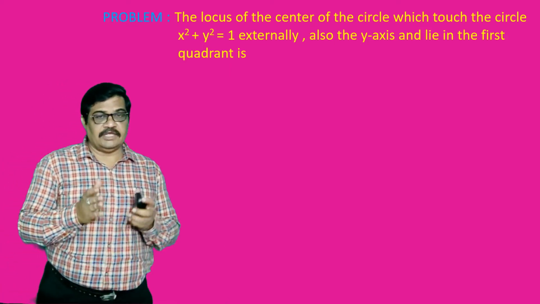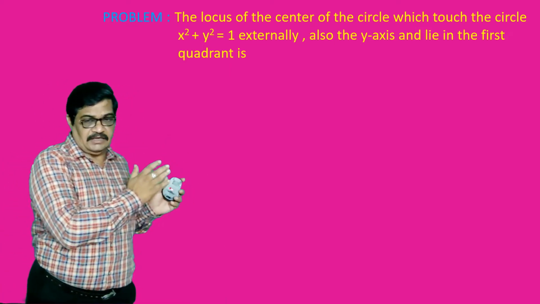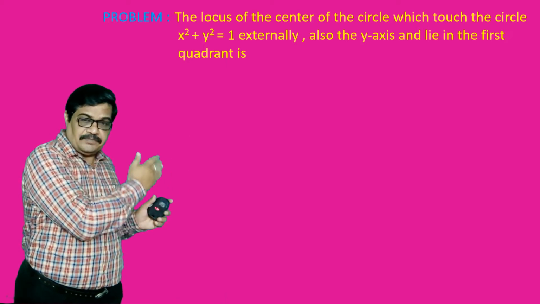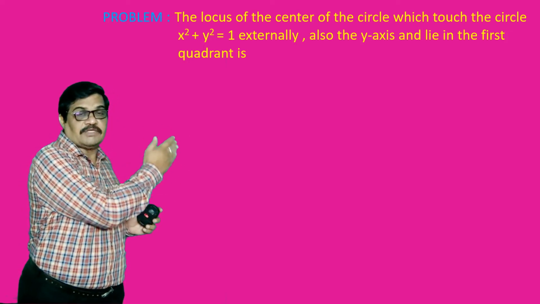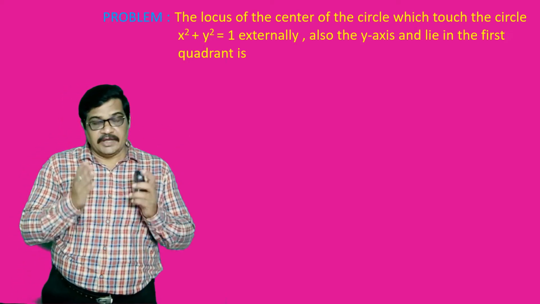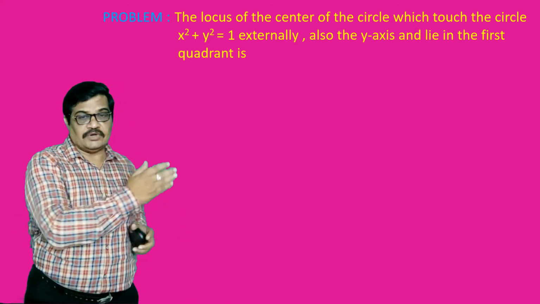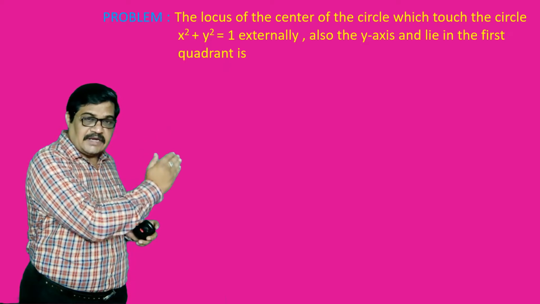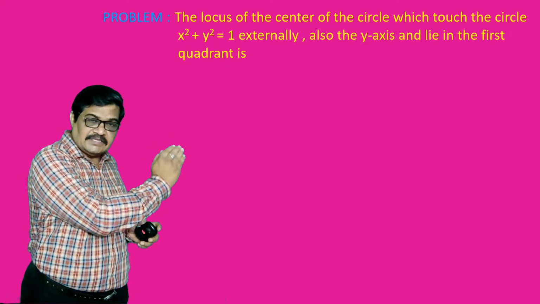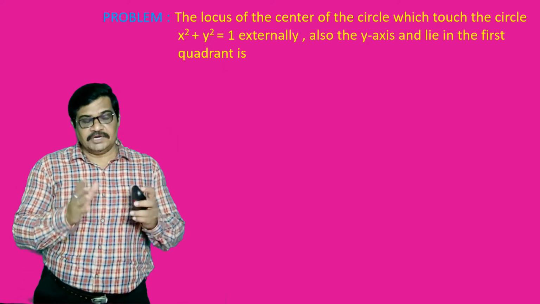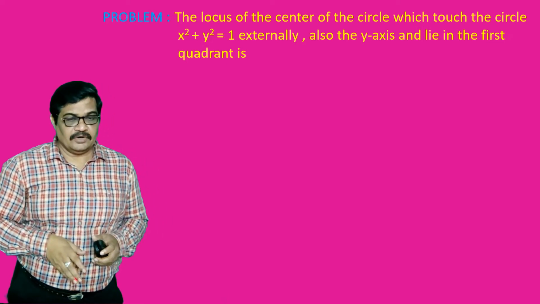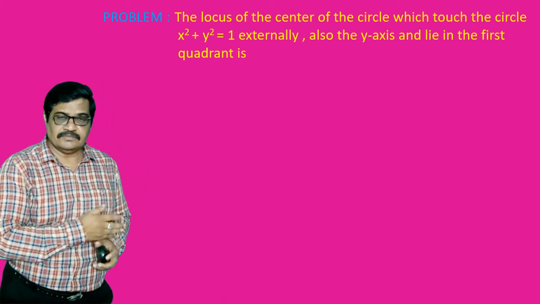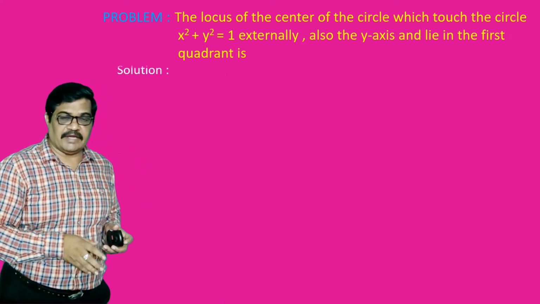The locus of the center of the circle which touches the circle x square plus y square is equal to 1 externally, also the y-axis, and this required circle lies in the first quadrant. That is our given problem. Now see the diagram. This is x-axis and y-axis.